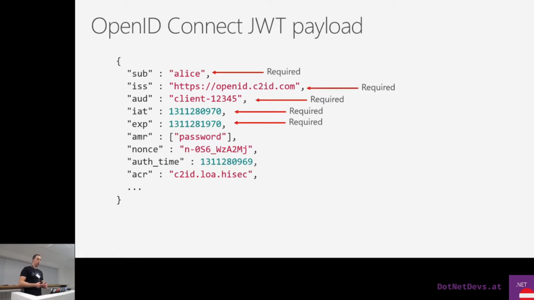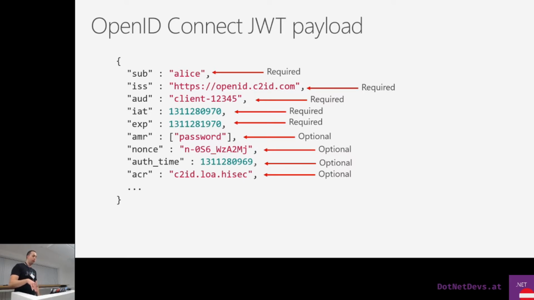So there's always the subject, so the actual user that I care about, the issuer, the audience, basically, is it Twitter, is it maybe service 1, API service 2, whatever, issued at, expired, and maybe also some optional claims like which authentication method was used to authenticate the user, some number that is used only once if you want to prevent replay attacks, and yeah, auth time, and something else. Like you can maybe extend this if you use a library.